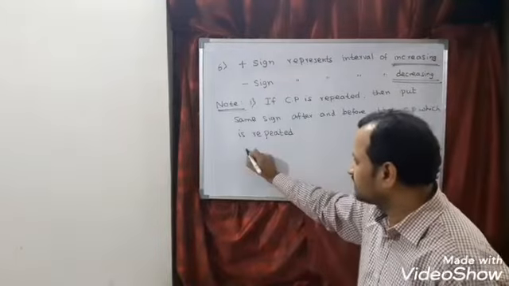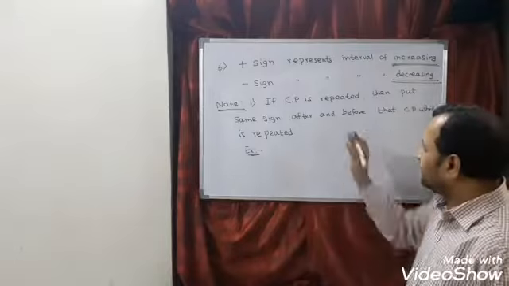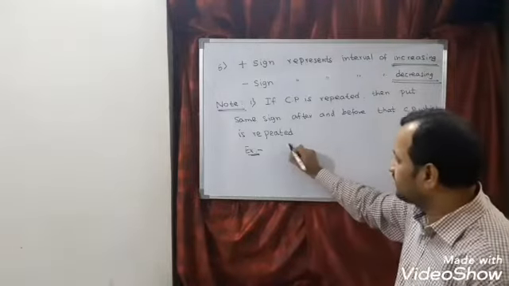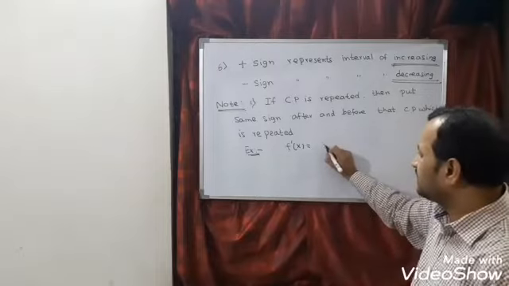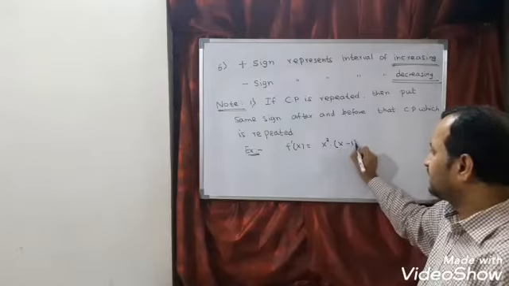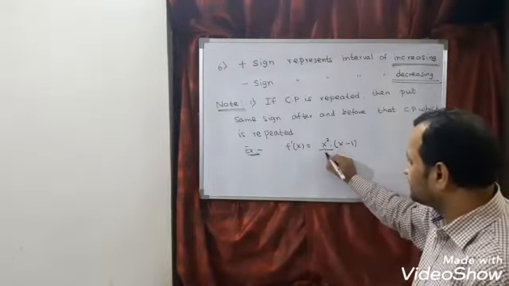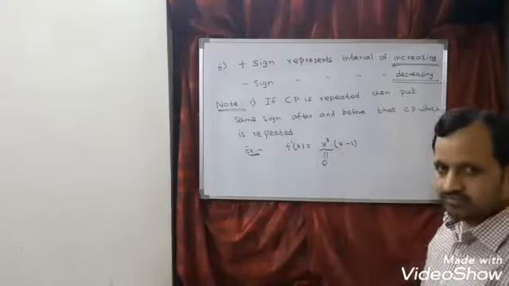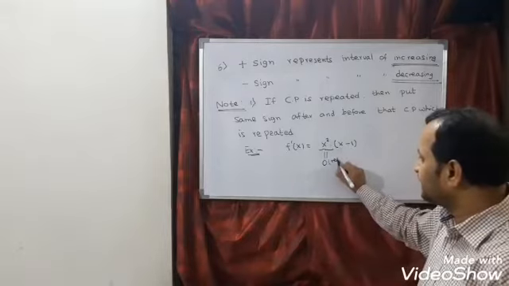To understand this, for example, if a critical point is repeated, suppose f dash x is equal to something like x square into x minus 1. Now tell me for what value of x this will become 0. I can say 0, but the power is 2, that means 0 is repeated.